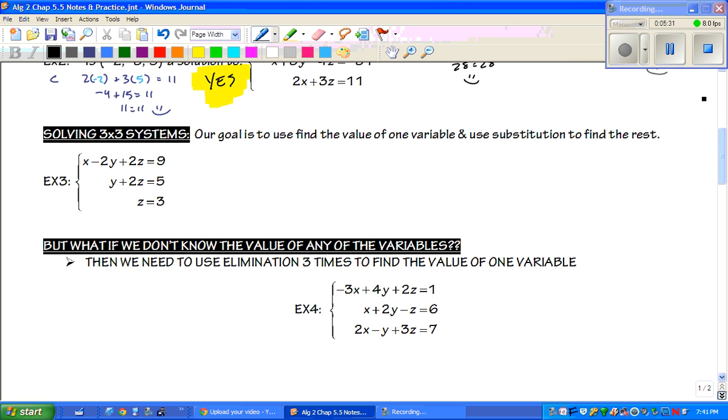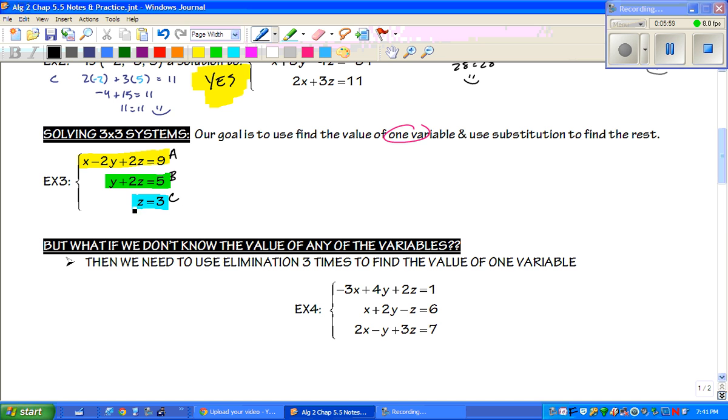All right, now, solving 3x3 systems. Our goal is to find the value of one variable and use substitution to find the rest, okay? So, the key thing is we're looking for that one variable. Now, look at our three equations. We're always going to label them A, B, and C, okay?